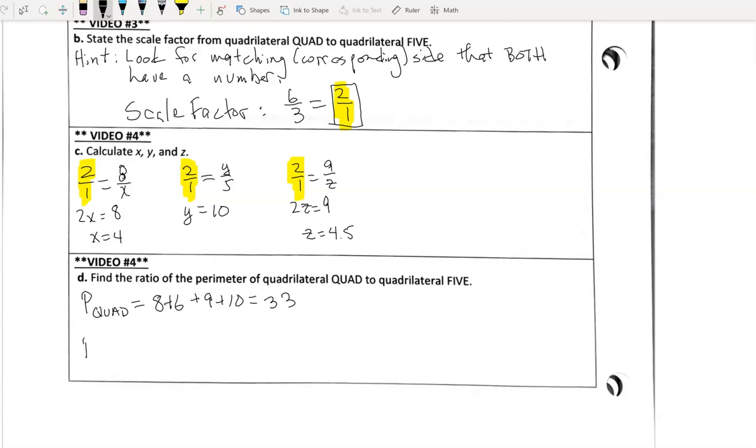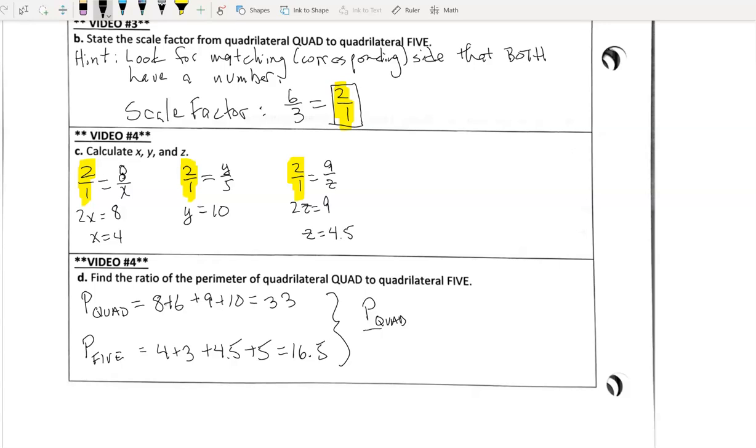And I need the perimeter of FIVE. The 4 sides there are 4 plus 3 plus 4.5 plus 5. That's 16.5.